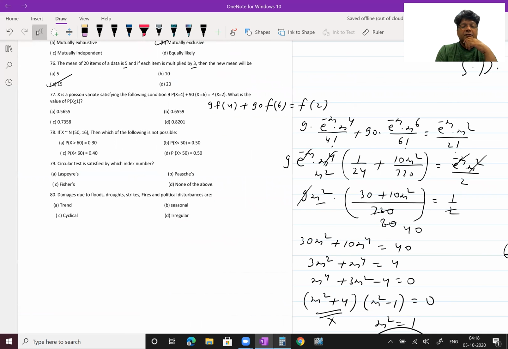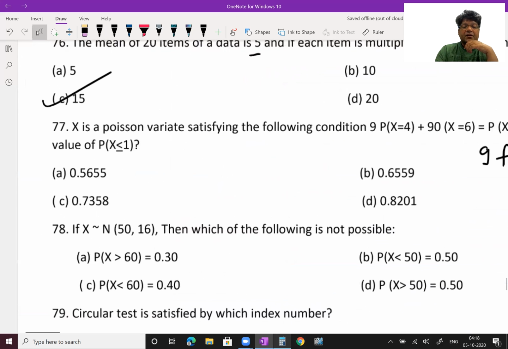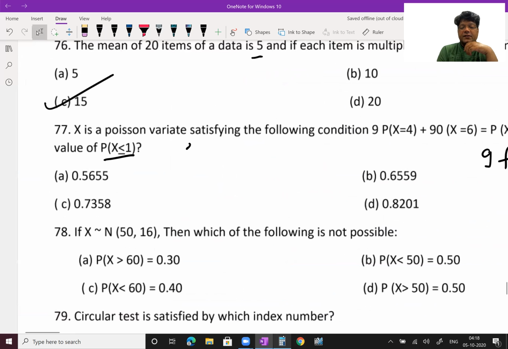And the question has asked what? Probability of x less than equal to 1. We got m is equal to 1. So probability of x less than equal to 1 means f of 0 plus f of 1. So f0 will be e to the power minus m, and m is 1, into 1 to the power 0, that is 1, by 1 factorial.